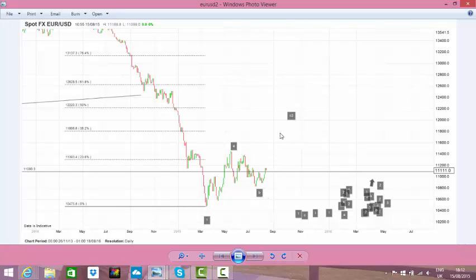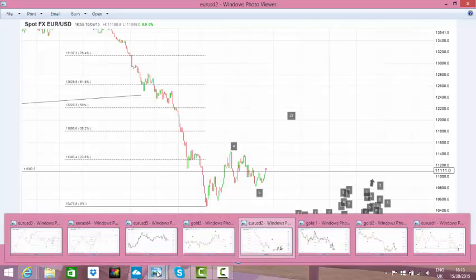This rally should take the form of 5 waves. And I think there's an argument to be made that we've already had wave 1 and wave 2 of that. So let's get in here and see what the action is doing and where opportunity might lie.